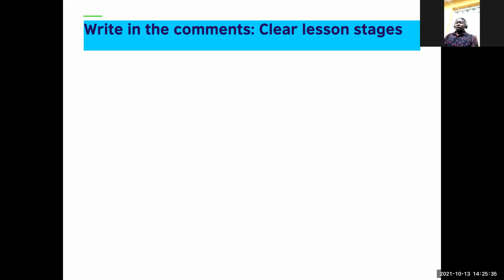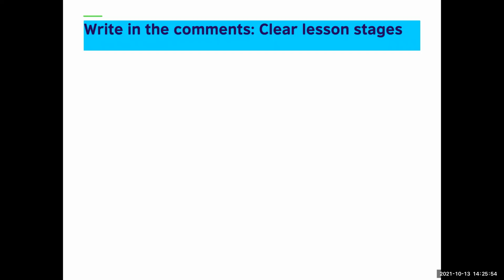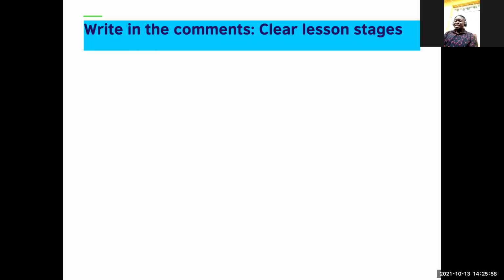As teachers, you need to guide your learners through your lesson. That is, after finishing one activity, you have to give a clear link to the next lesson stage so that your learners know where they are and where they are going to. And you need also to explain the next stages clearly and concisely.